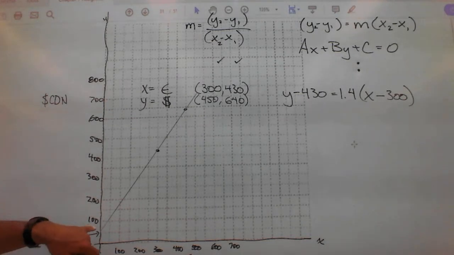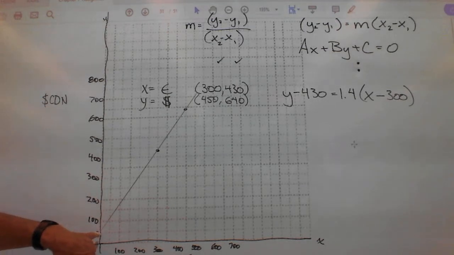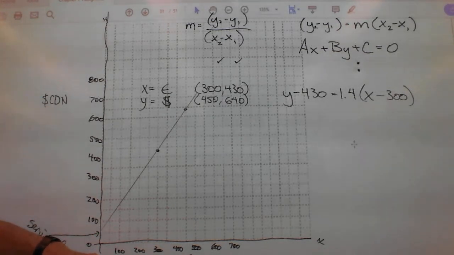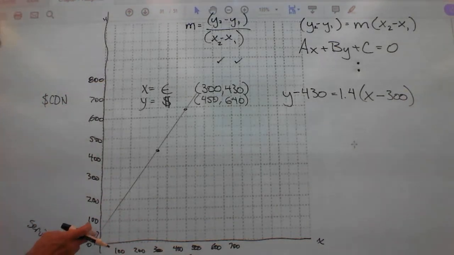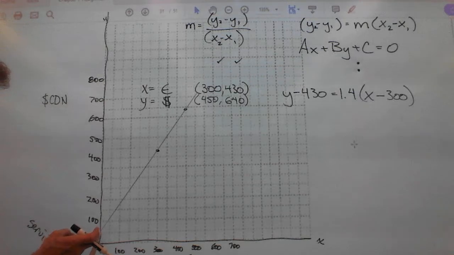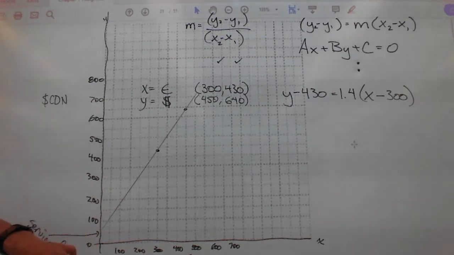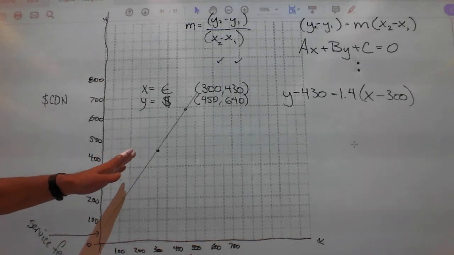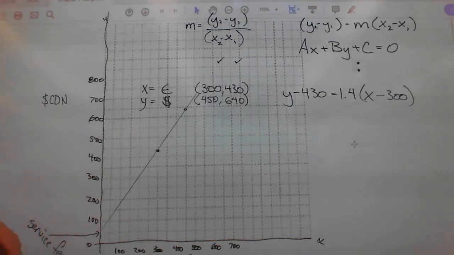The service fee is what you would pay if you exchanged for 0 euros. In other words, this is added on. So the service fee here looks like it's probably somewhere around $55 or $60, because it's just slightly above 50. Again, remember, I don't know how accurately I drew this line or plotted these points. We will find out, okay? So it's somewhere around 55.